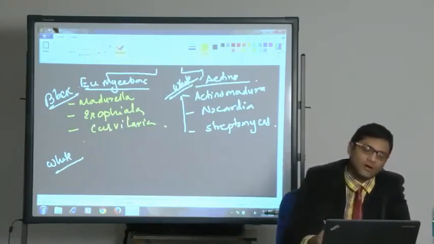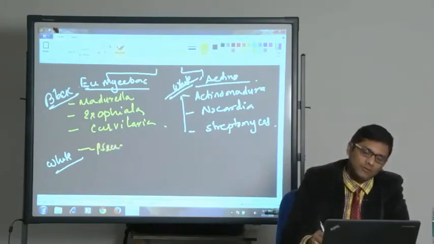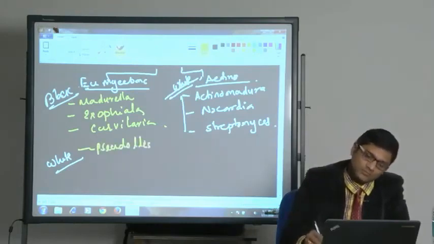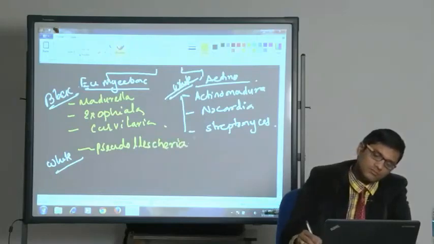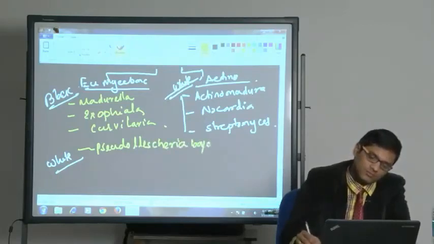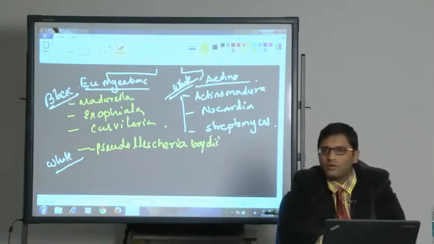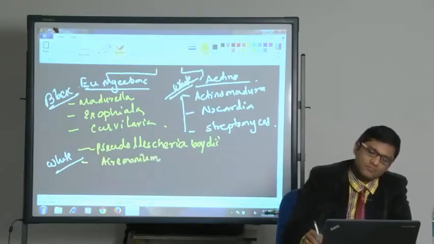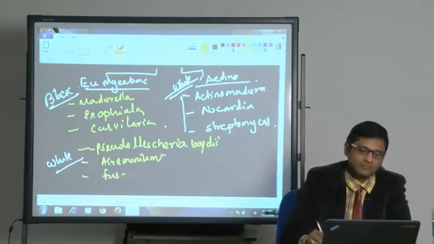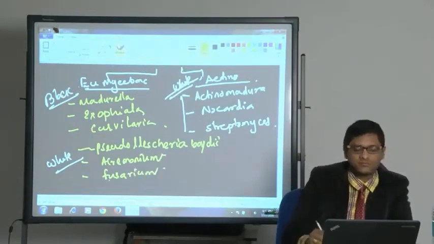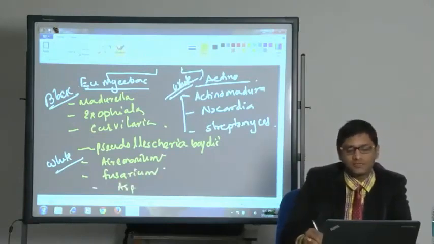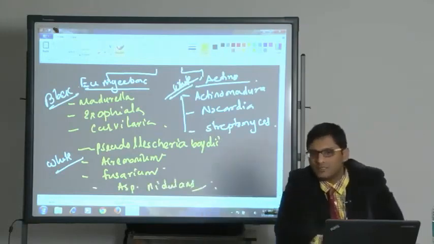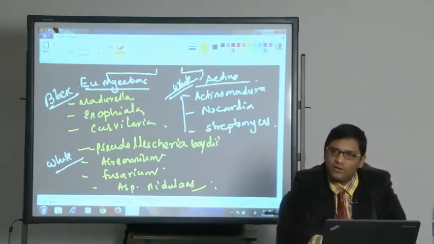White granule eumycetoma are caused by Pseudallescheria boydii, then Acremonium, Fusarium, and one species of Aspergillus called nidulans.